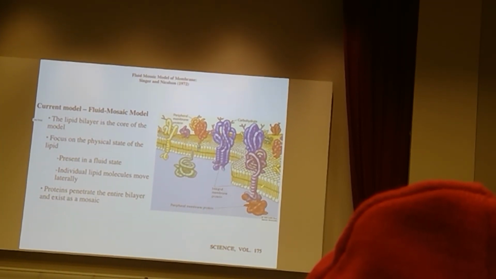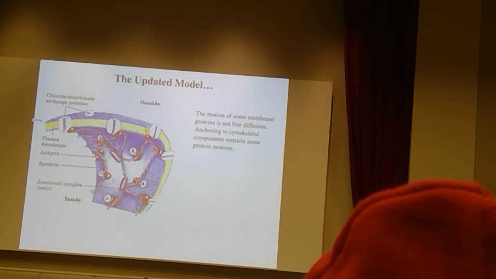So it wasn't homogeneous in the fact that there were different components sitting in here, but that there was a lot of fluidity within this type of mosaic arrangement. So that led to this fluid mosaic model.